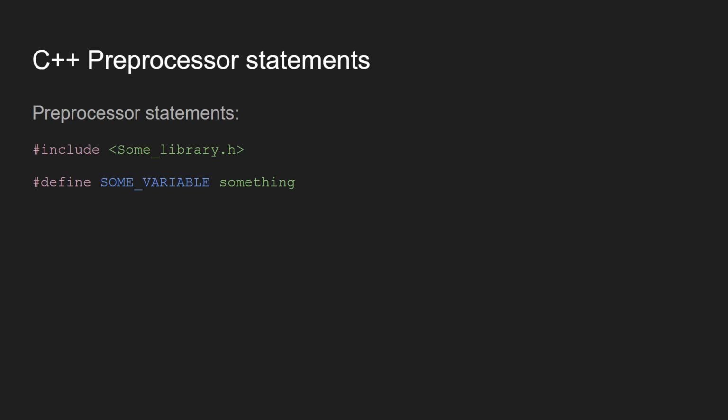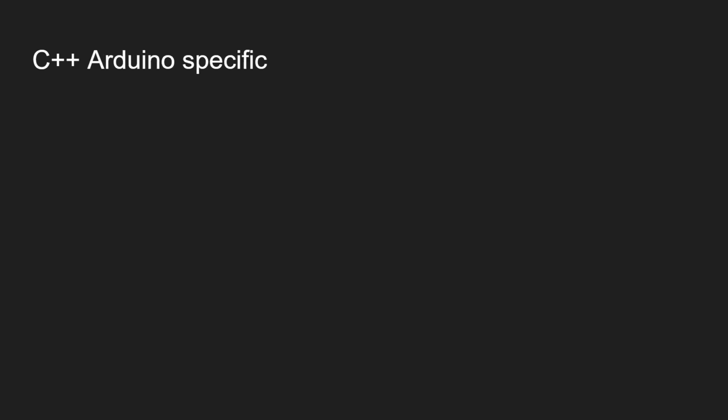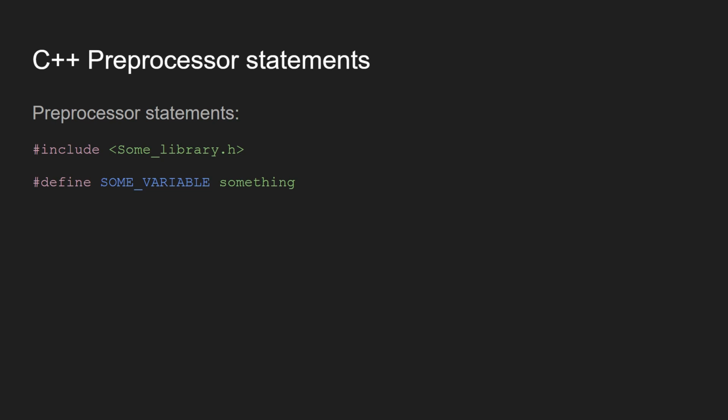And in these examples, it is hashtag include and then some library if you want to use a certain library or database within your code, or hashtag define and then you define some variable. And if you use the hashtag define some variable, this is only applicable if you use multiple sketches or multiple files of code which are not directly connected.